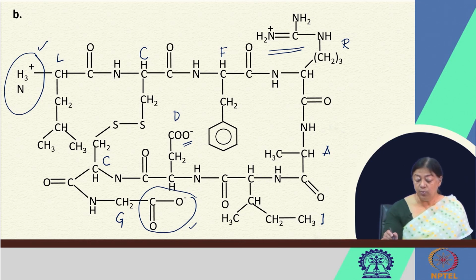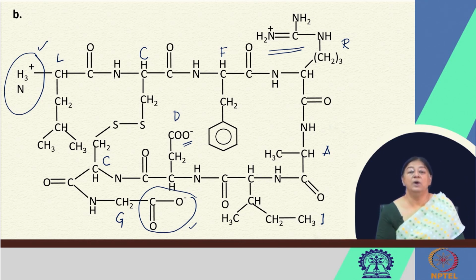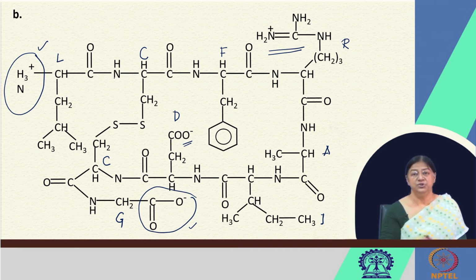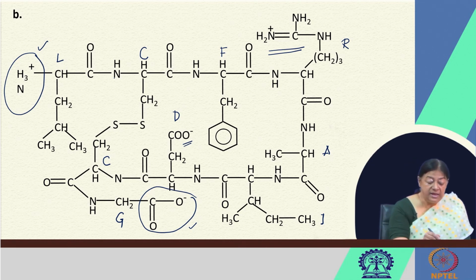So, this is the way we have to know how to identify the amino acids present, identify their specific characteristics, not only in terms of their charge, but in terms of their geometry. This is just a straight Fischer projection type that has been drawn, where the connectivity of the amino acids has been drawn. The NH3 plus, that is the N terminus, we realize is the first amino acid.